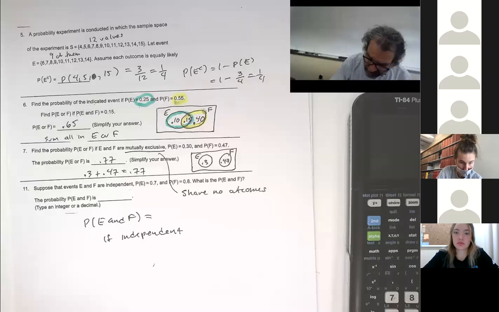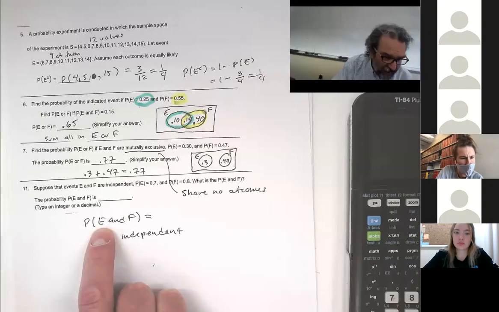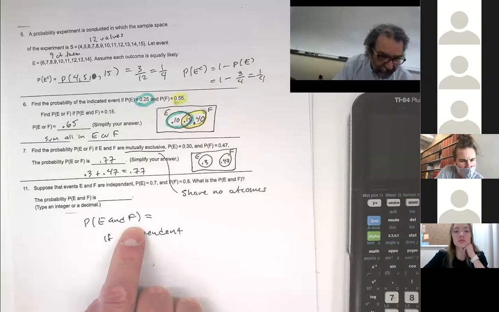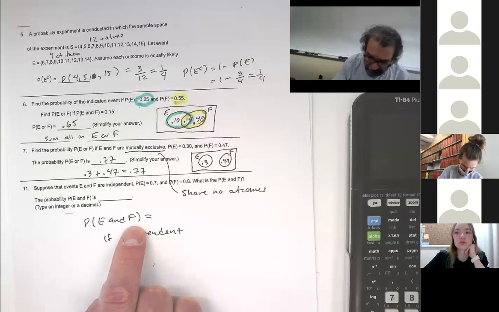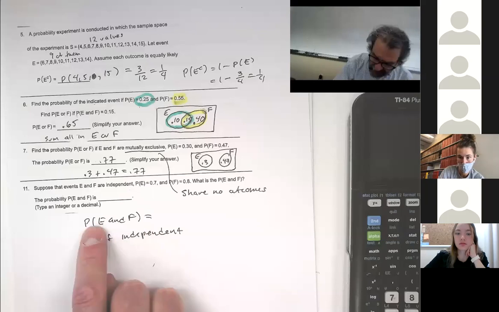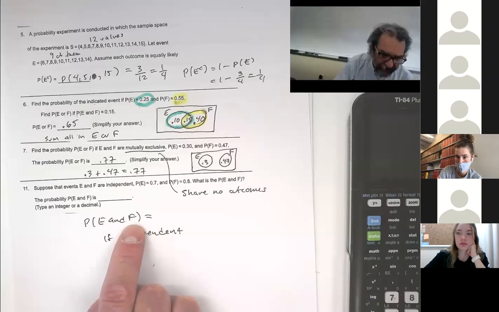E and F are independent. How do you compute the probability E and F? Don't you just add them together? You don't add them. How about Jose? There's something special you do when they're independent. You want E and F. Do you remember what it is? 0.8 minus 0.7. You don't subtract.